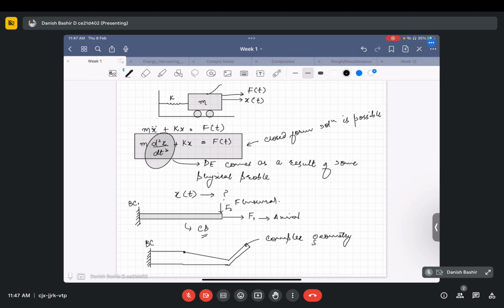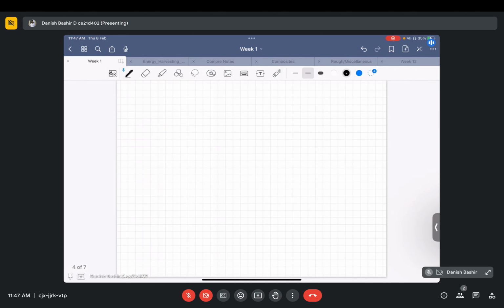But if we see real life applications, one of the biggest problems with them is the complex geometries, and one more thing is complex boundary conditions.